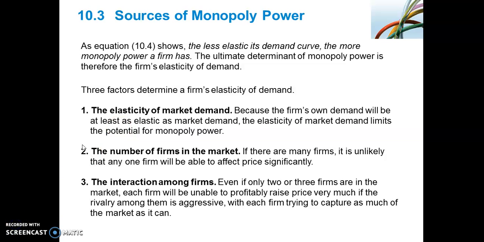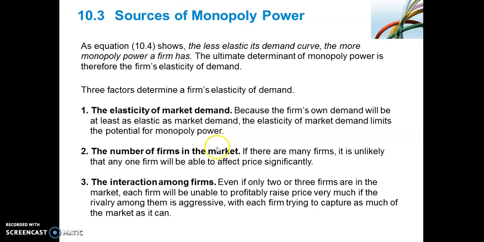The firm's own demand will be at least as elastic as the market demand. So that elasticity of the market demand places a limit or constraint on the potential for monopoly power.